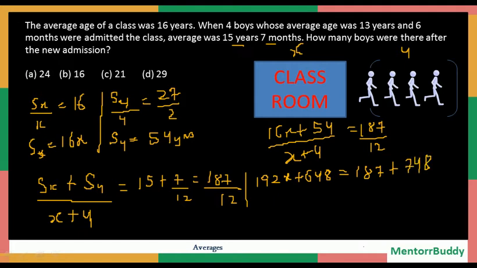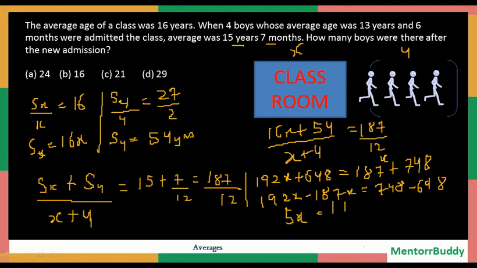Now taking this 187X on the left hand side, this can be written as 192X minus 187X is equal to 748 minus 648. Solving this will become 5X is equal to 100. Then X will be equal to 100 by 5, that will be equal to 20.